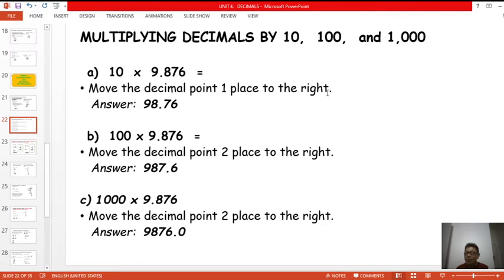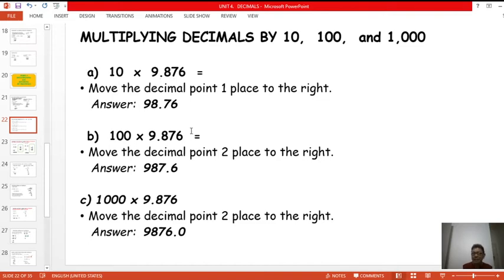You need not do any solution or workings. Just move 1 decimal place to the right if you have 10. So 10 times 9.876, the answer is 98.76. Just move 1 decimal place.